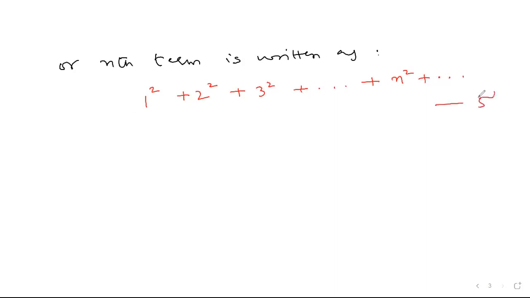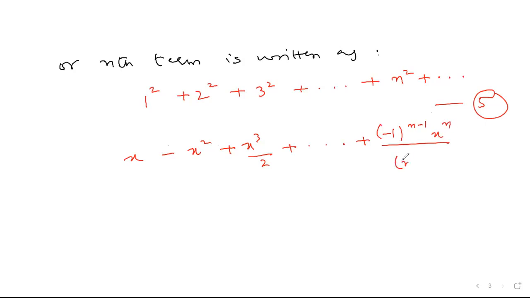Let me name it 5. Similarly, you can write x minus x square over 2 plus x cube over 3 plus so on plus minus 1 raised to n minus 1 times x raised to n over n factorial plus dot dot dot. Let me name it 6, right?